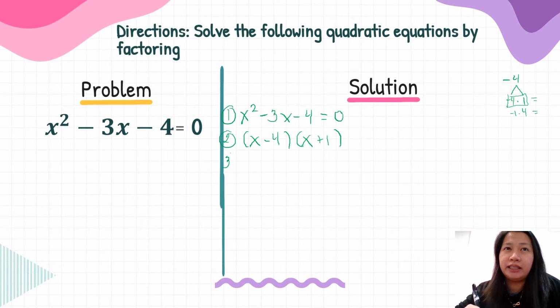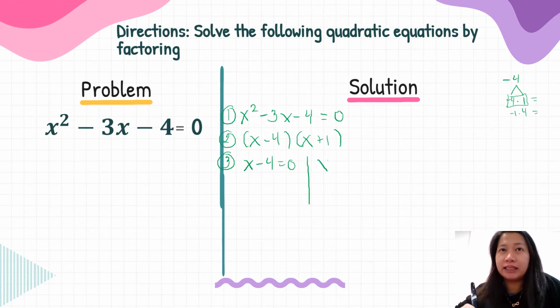Step number 3, sabi po doon, we will apply the zero product property. In applying the zero product property, we are just equating the factors to 0. So, ito yung isang factor, equate natin sa 0. And then, yung isang factor, equate din natin sa 0. And that's the zero product property.